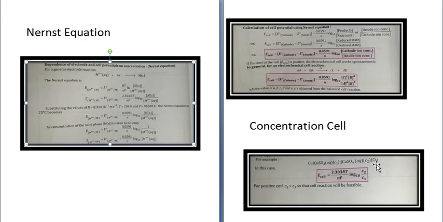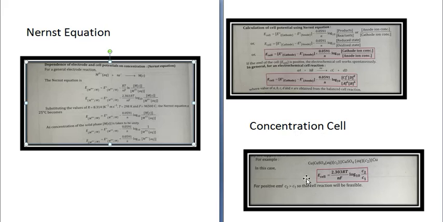So the electrode in both cases is copper, and the electrolyte is also the same, CuSO4, but here the CuSO4 has concentration C1 and in this case CuSO4 has concentration C2. So concentration is different, so they are called concentration cells.